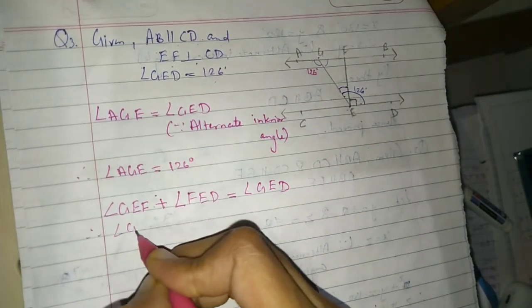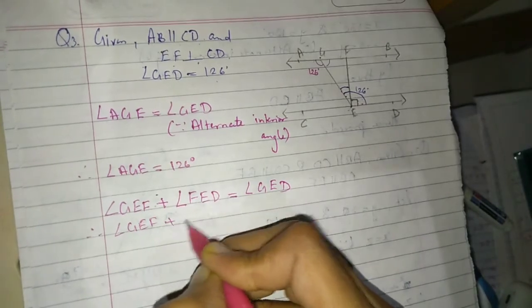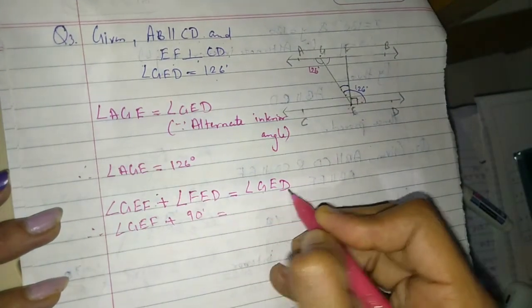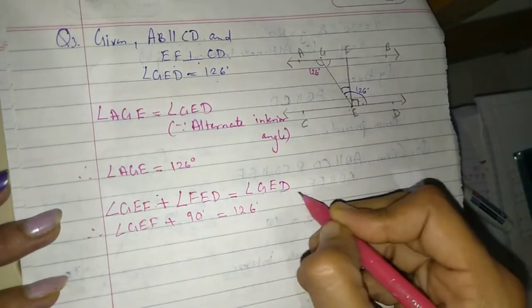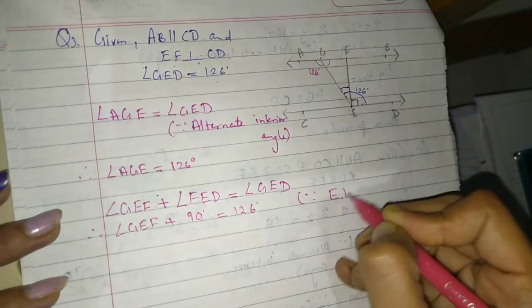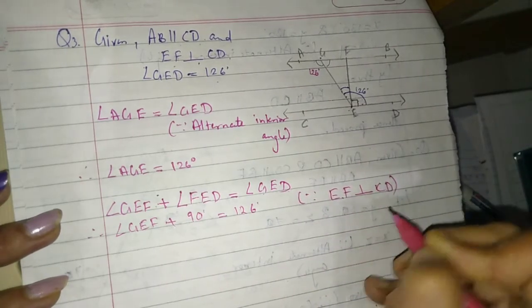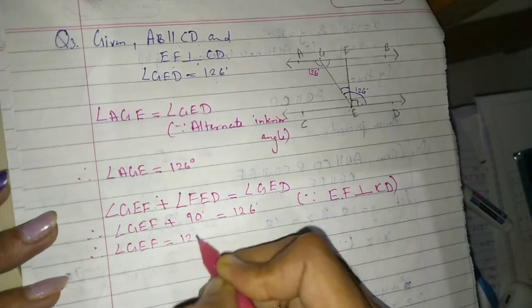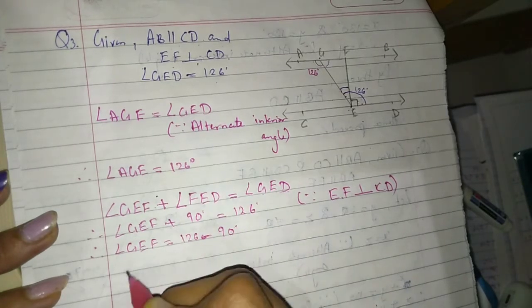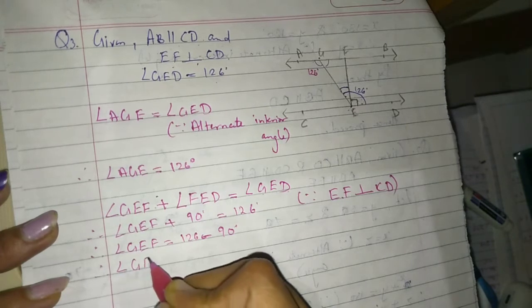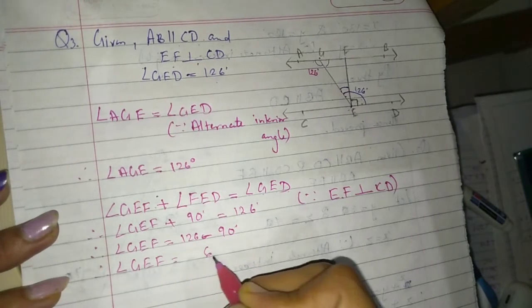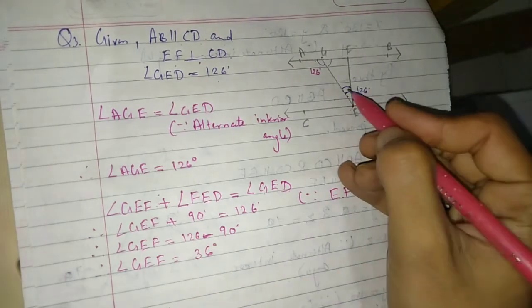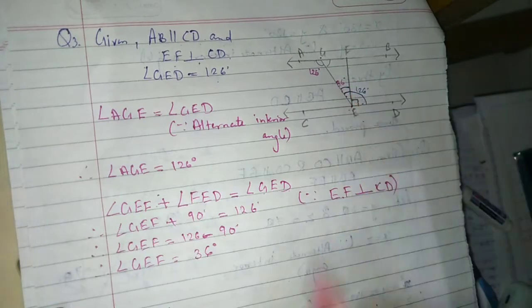So therefore angle GEF plus FED is 90 degree, equal to GED, whole is 126. Why? Because EF is perpendicular to CD, that's why it is 90. Now we can find this angle equal to 126 minus 90 degree. Therefore angle GEF equal to 126 minus 90, which is 36 degree. So this angle is 36 degree.